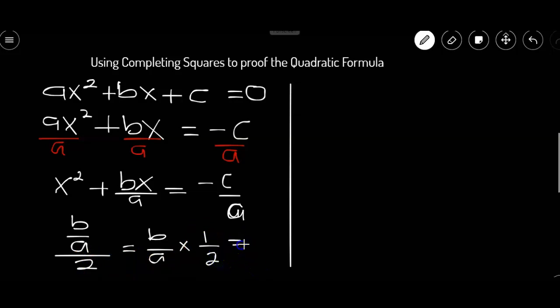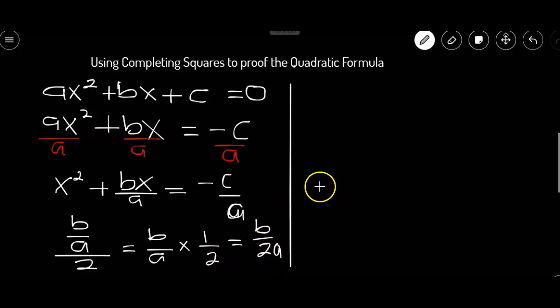And then we are getting b over 2a. Okay, this b over 2a is going to be so crucial, so we will come back to that.